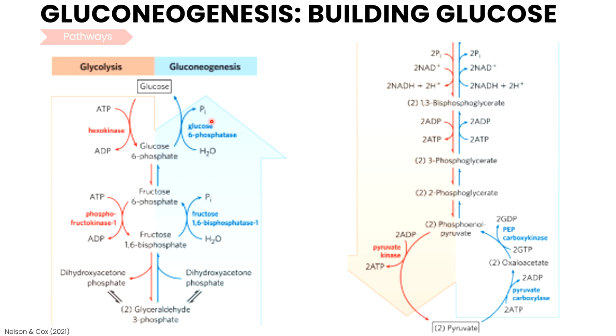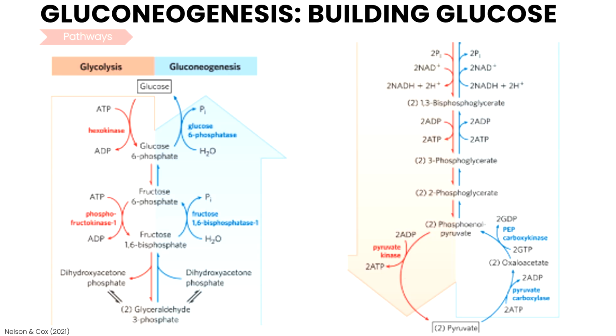Gluconeogenesis is not simply glycolysis running backwards. Most of the reactions are reversible and can be shared between the pathways, but the 3 essentially irreversible reactions of glycolysis require different enzymes during gluconeogenesis, and that is very important.